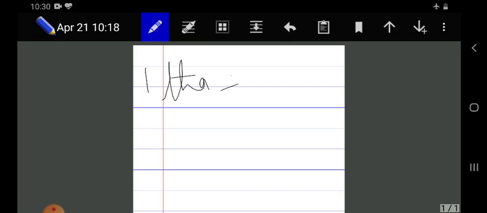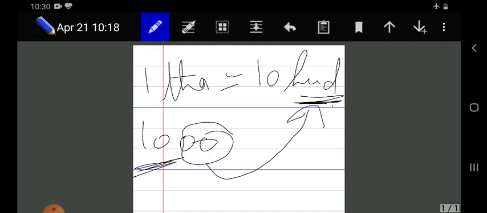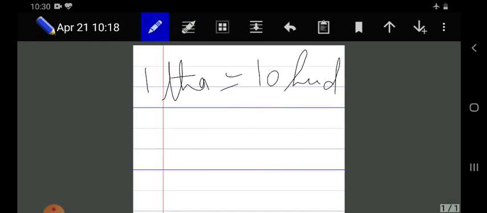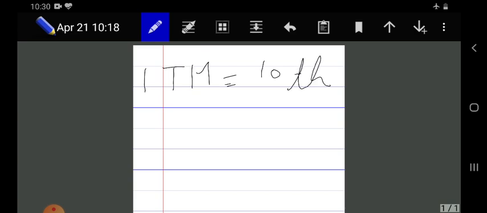1000 is equal to 10 hundreds. In 1000, how many zeros? 3 zeros. In hundreds we are having how many zeros? 2. So if we take out 2 zeros, that will become 100, and the rest one is 10. So it is 10 hundreds. Clear? Next, 10,000 is equal to 10 thousands.